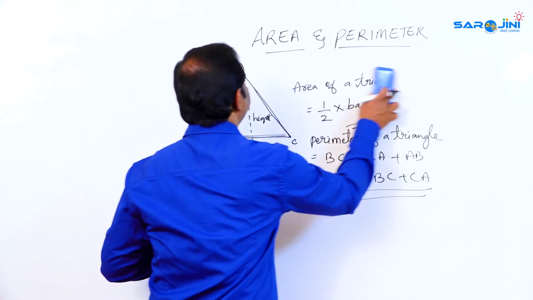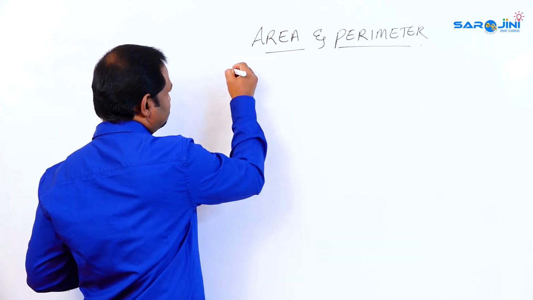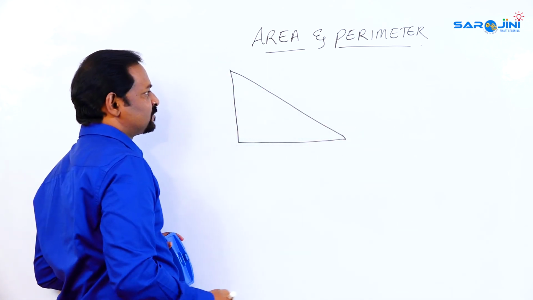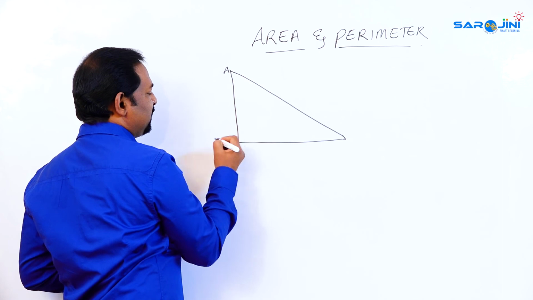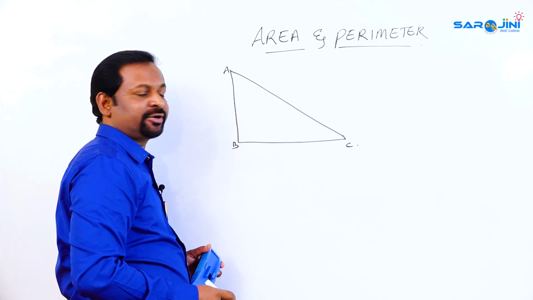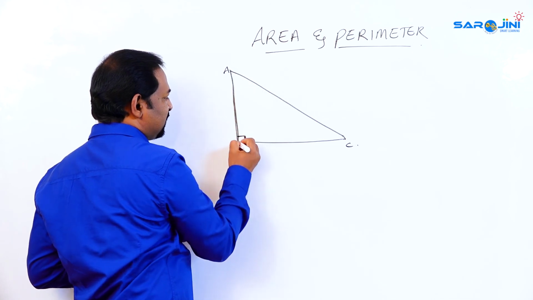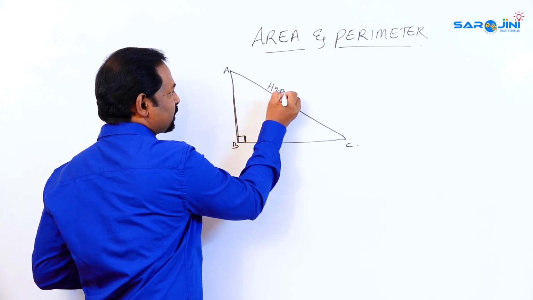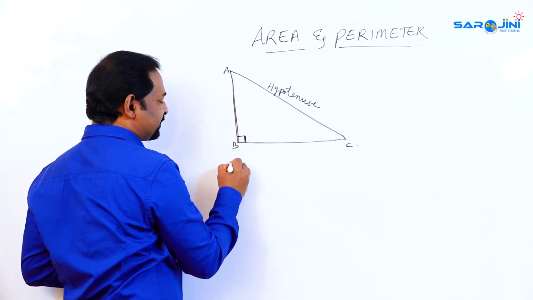If you take a right angle triangle with A, B and C, we can also talk about the Pythagoras theorem. According to the Pythagoras theorem, the right angle is at B, and the side opposite to it is called the hypotenuse, which is AC.